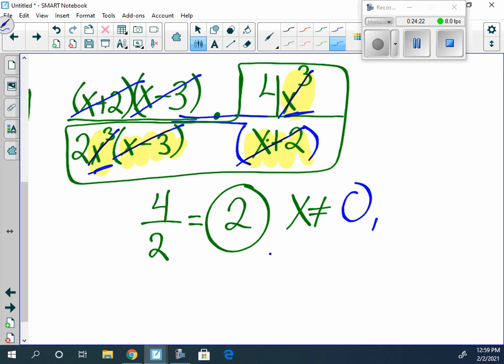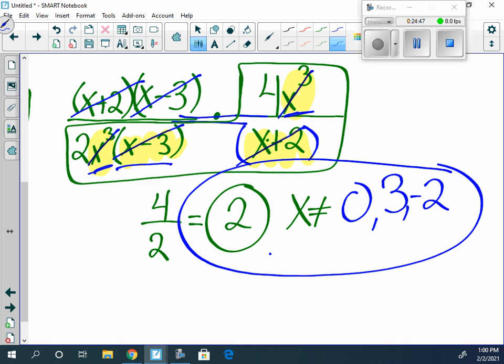So for 4x cubed, what's going to make it 0? Well, 0. How about x minus 3? 3, because 3 minus 3 is 0. And last but not least, negative 2, because negative 2 plus 2 is 0. We could set those equal to 0 and solve and get them. But this right here is our answer.